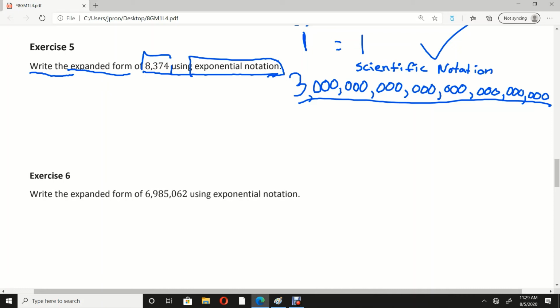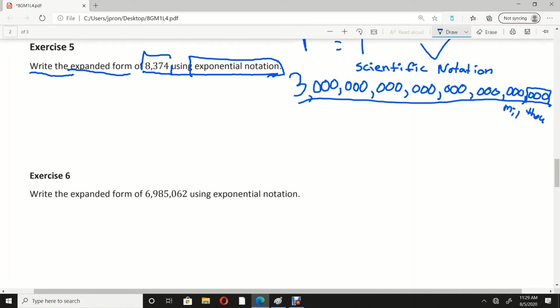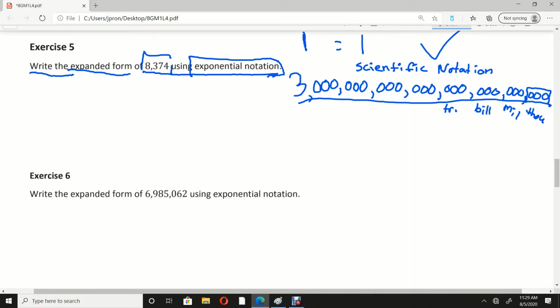This is irrelevant to the lesson, but this is actually 3 septillion, and we count it by the groups of zeros. So the first group of zeros tells us thousands. Then you got your millions. Anything after this comma is a million. Then anything after this comma is a billion. Anything after this comma is a trillion. Anything after this comma is quadrillion.